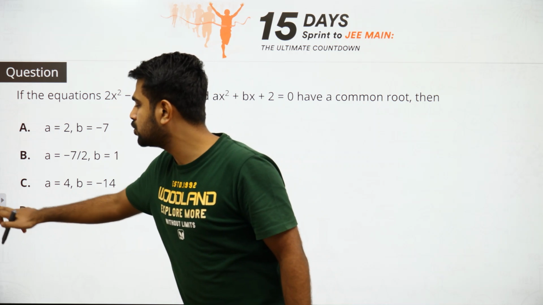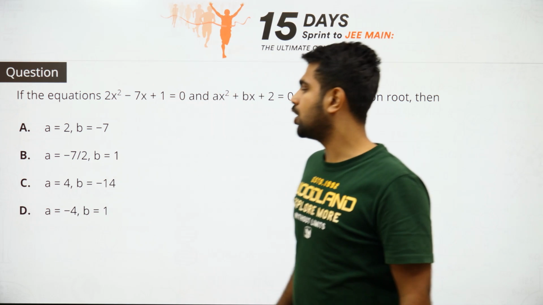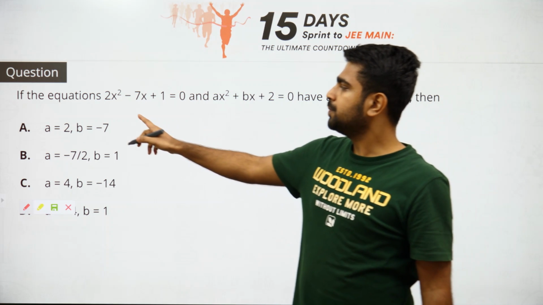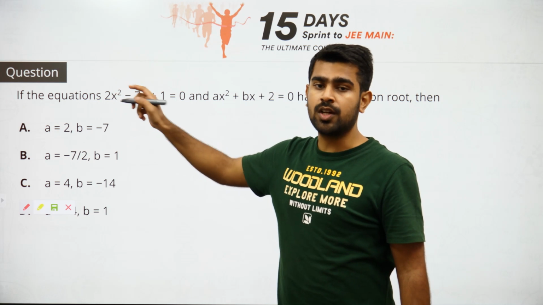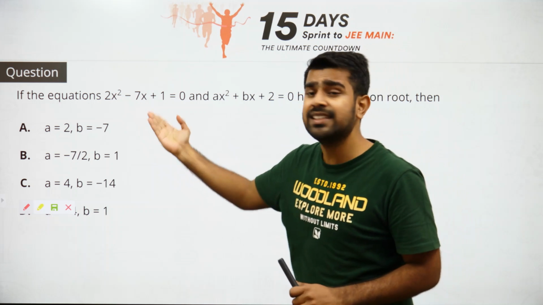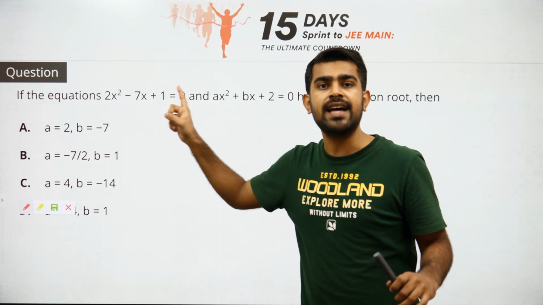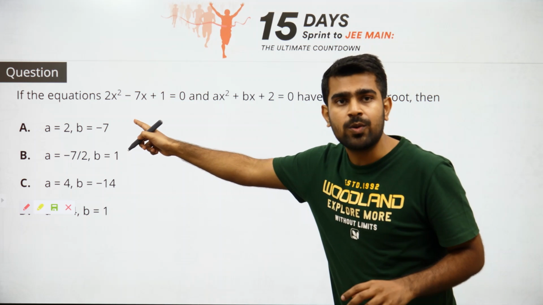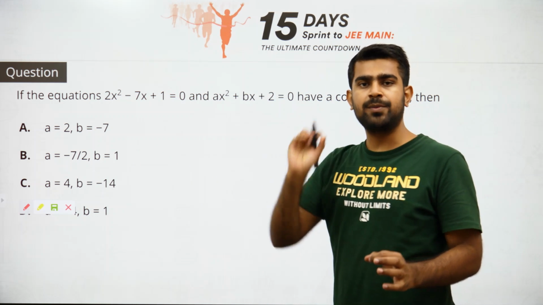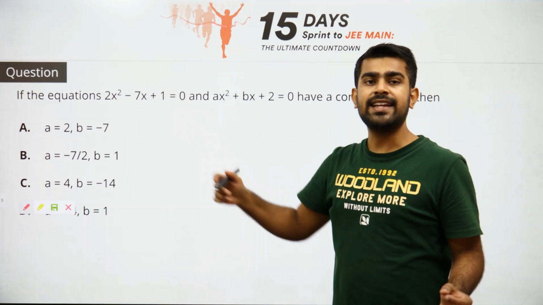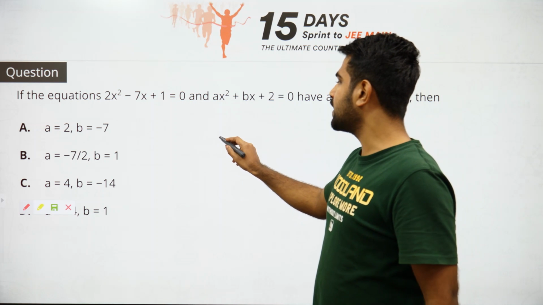Now let me try to solve it. Okay guys, now let us check the roots of this. Why? Because everything is given, right? Here A, B and C are given. All the coefficients are given. So can I find the roots of my quadratic equation here? Yes, absolutely, because I can apply the quadratic formula. So what are my roots?